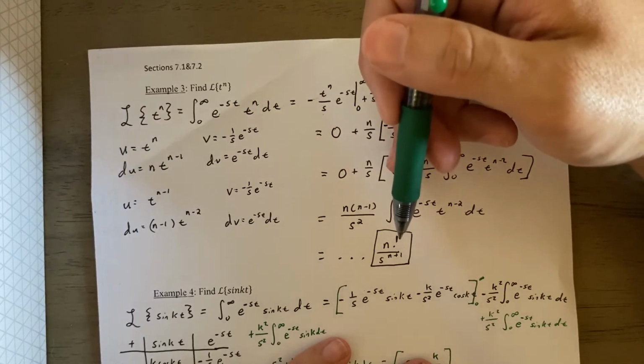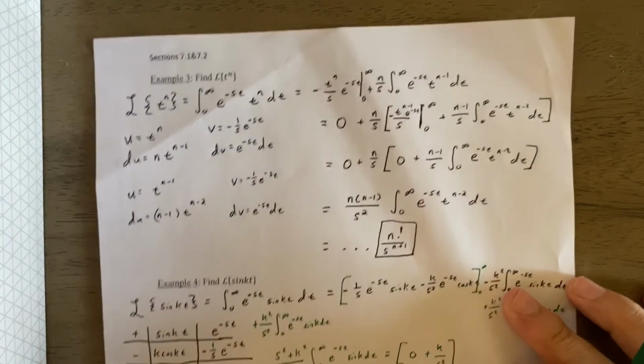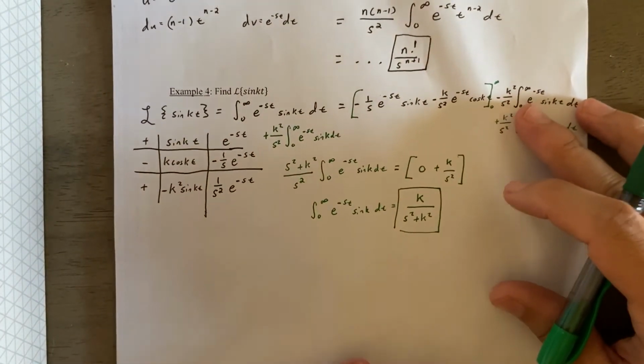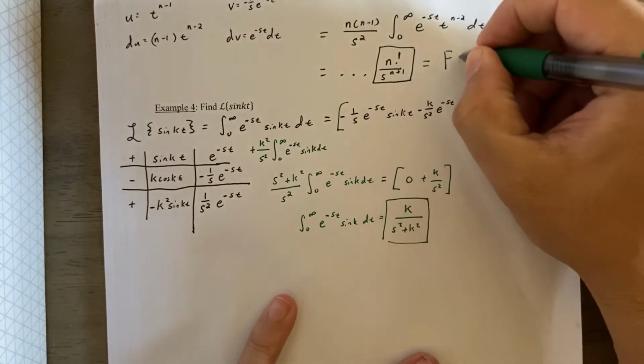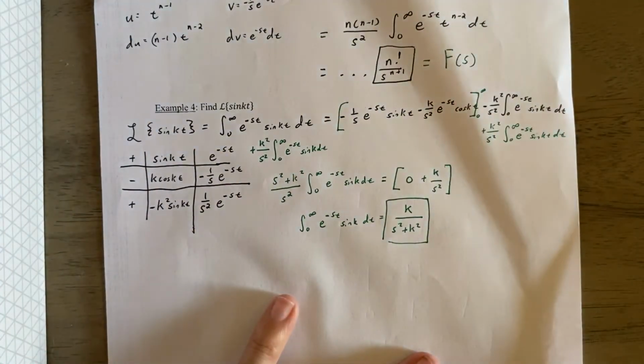Alright, and this is going to pop up on the top of the next sheet. Now, so here's my answer. Here's my Laplace transform. So I could say that that is my F of s.